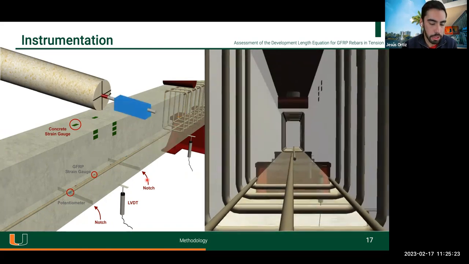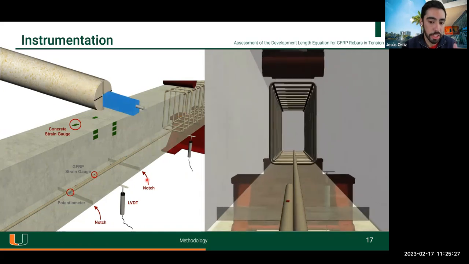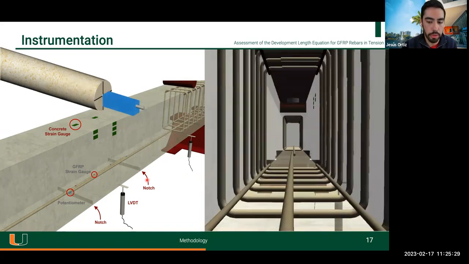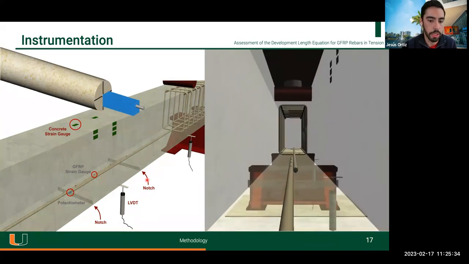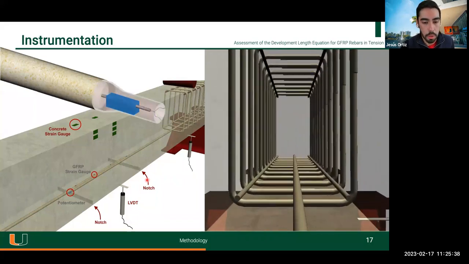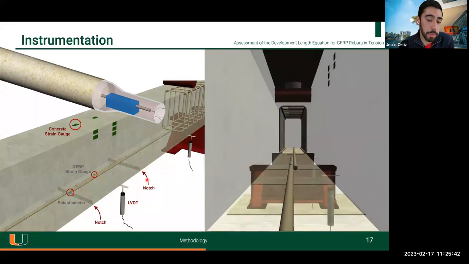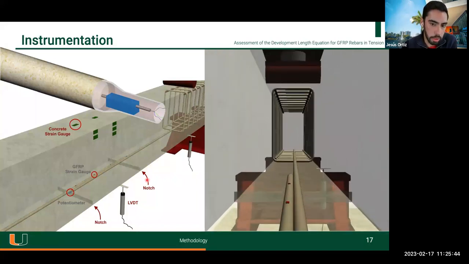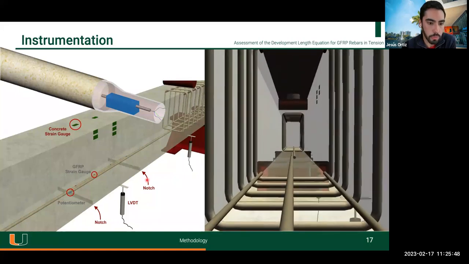Then the potentiometer was covered with a heat shrink tube to avoid any damage when pouring the concrete and to ensure that the potentiometer wouldn't move. From the results that we have so far, we saw that this potentiometer was recording and didn't move from the concrete.